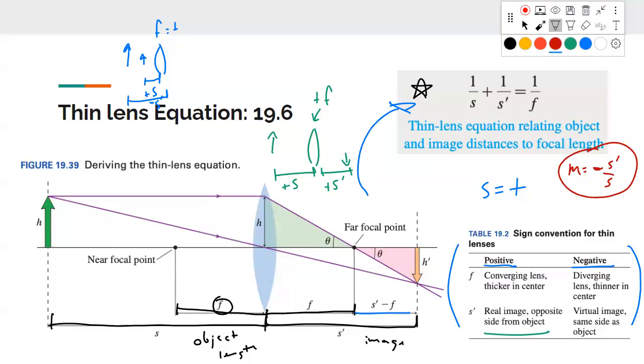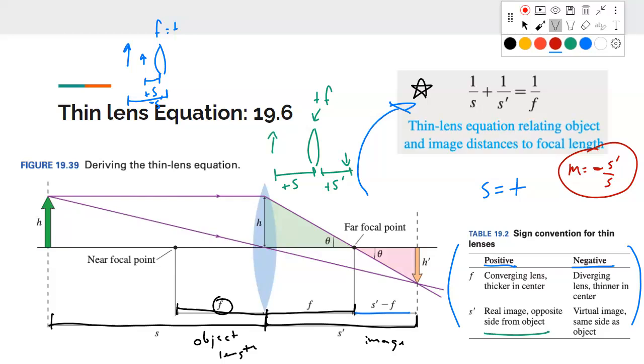That's telling you that the image is right side up. So that's why typically virtual images tend to be right side up, because virtual images correspond to the image being on the same side of the lens as the object, and therefore the magnification being positive. So oftentimes when you're solving one of these lens problems, you're going to be using the magnification equation and the thin lens equation together. So I'm really glad you asked. And I think this example we're about to do will involve both of them.